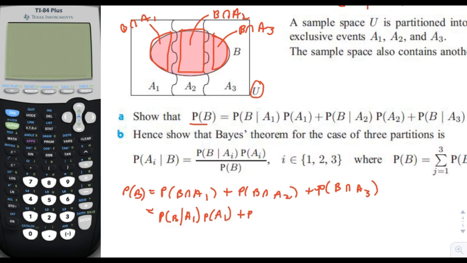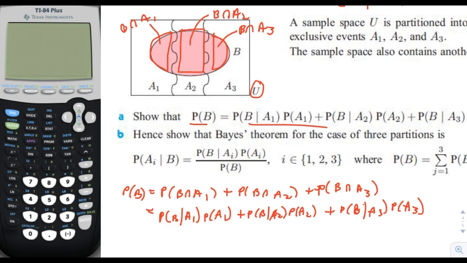And then this one is equal to the probability of B given A2 happening times the probability of A2 happening. And this one is the probability of B given A3 happening times the probability of A3 happening. And that's exactly what we were supposed to demonstrate. Okay, so that was A.